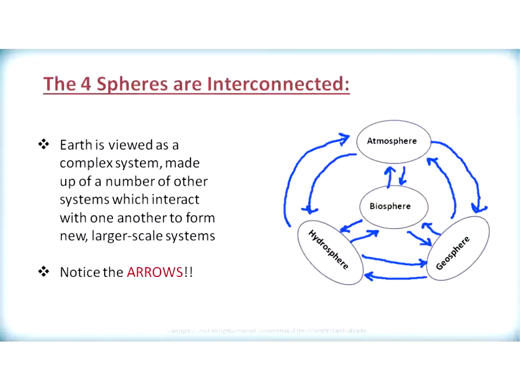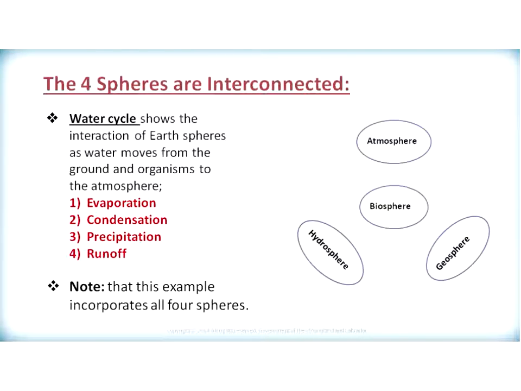When you look at the interconnection of all four spheres, we will now go and look at the water cycle and see how the water cycle shows how all four spheres are connected. The water cycle shows an interconnection or an interaction of Earth's spheres as water moves from the ground and organisms into the atmosphere.